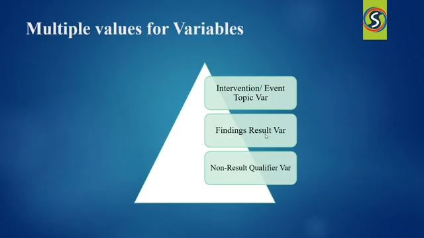And coming to multiple values for non-result qualifier variables, SDTM will permit only one value for each qualifier variable per record. So if multiple values exist, then the value for the qualifier variable should be MULTIPLE, and a SUPPQUAL domain should be used to store the individual responses.